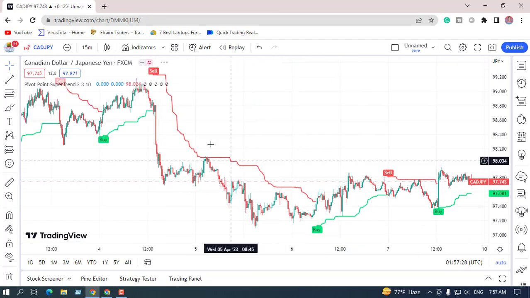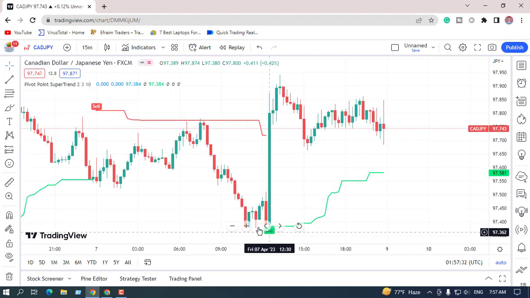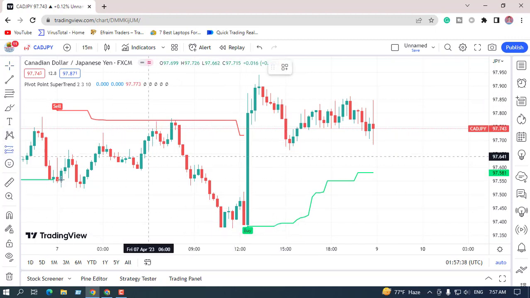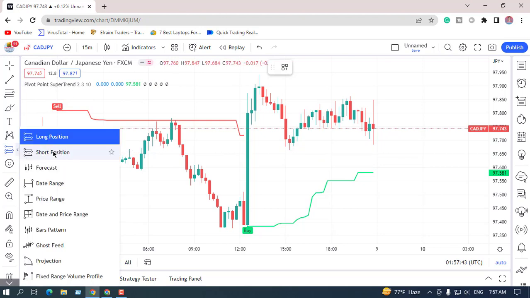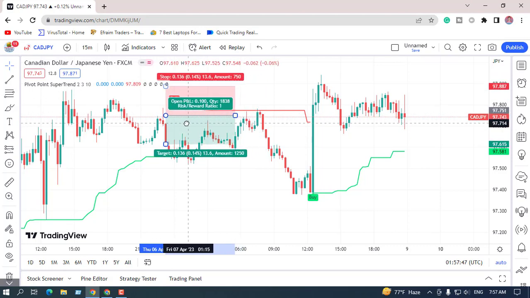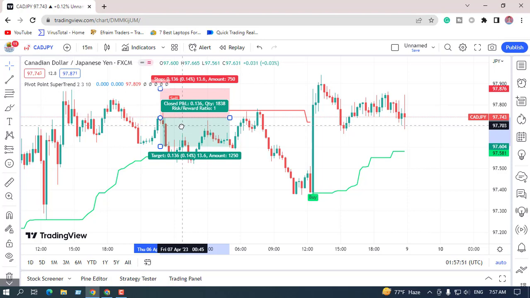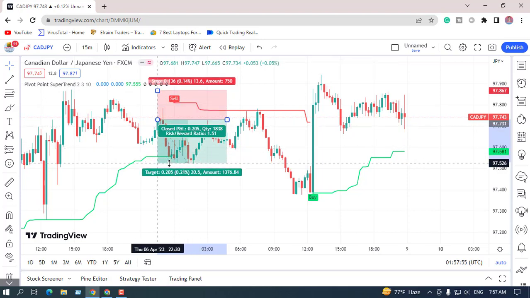It is a simple indicator strategy: when you see the indicator signal buy, you can trade on it. As you can see, here is a short position. When the indicator starts a sell signal, you can trade here, and your stop loss is here.